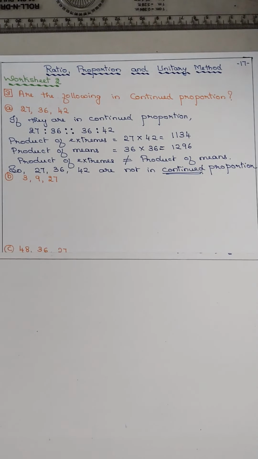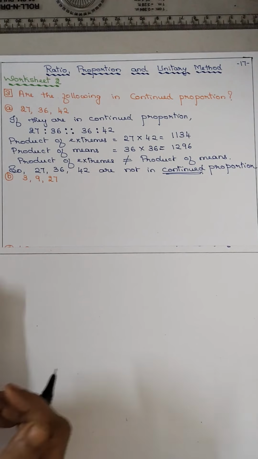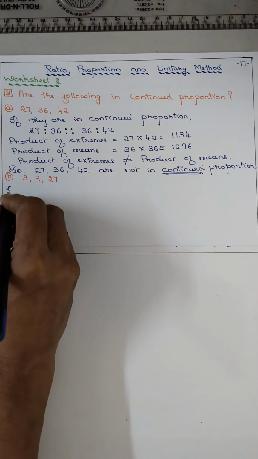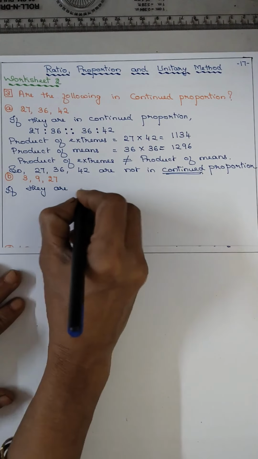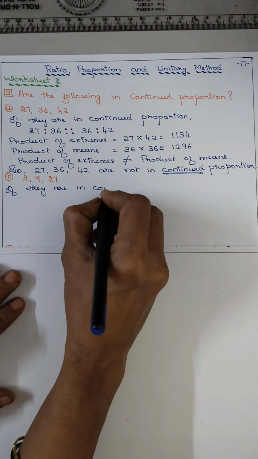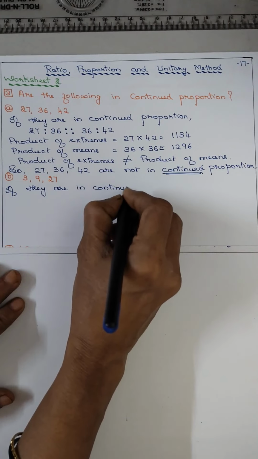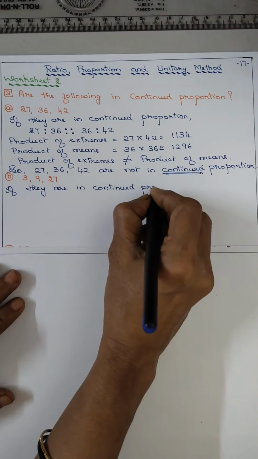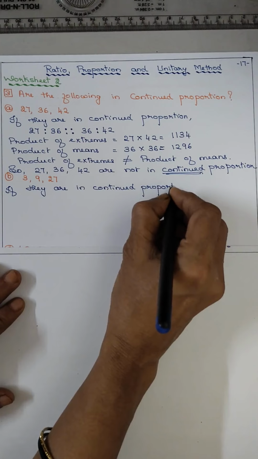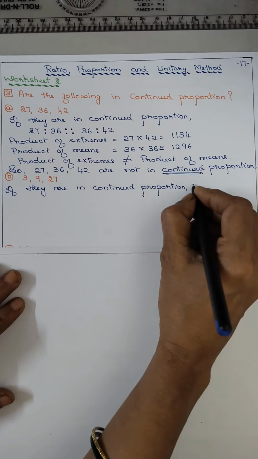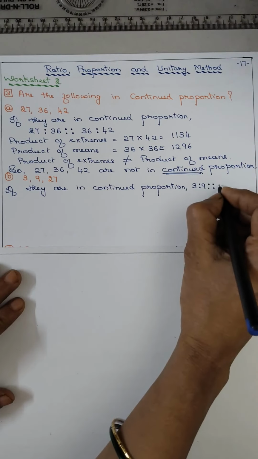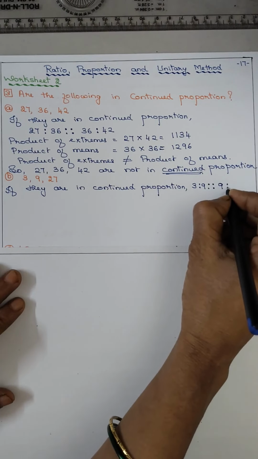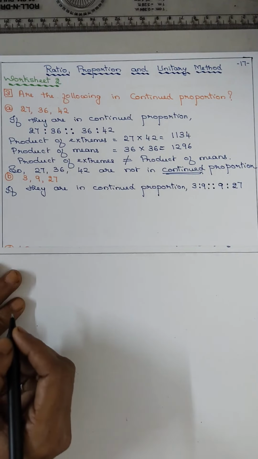Now coming to the question B. 3, 9, 27. If they are in continued proportion, what is the rule? 3 is to 9 should be in proportion with the 9 is to 27.